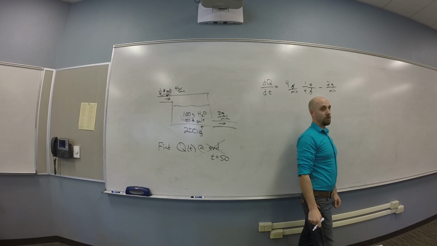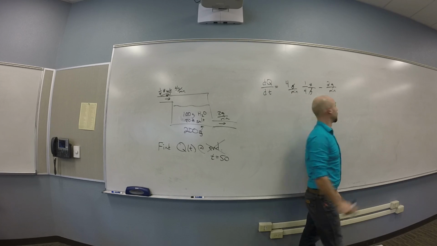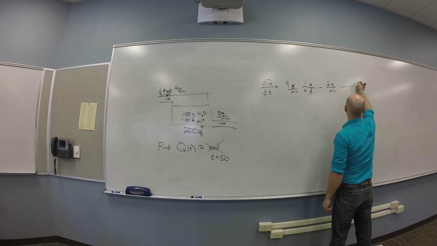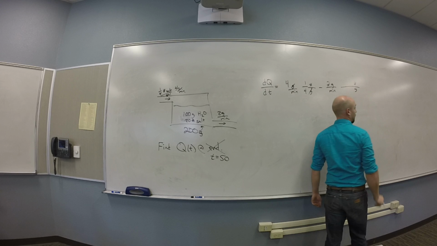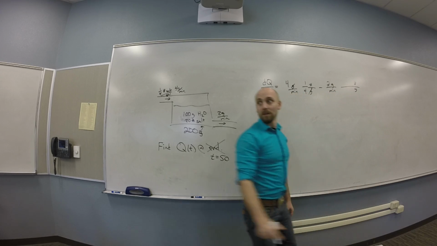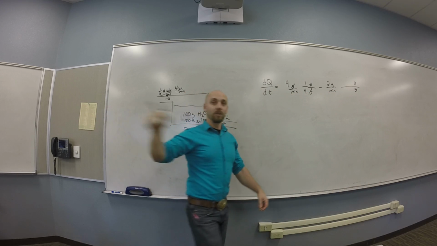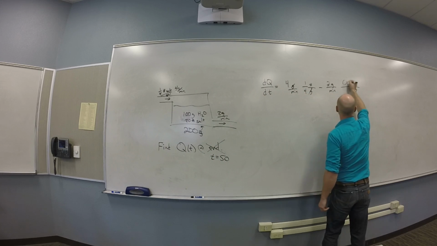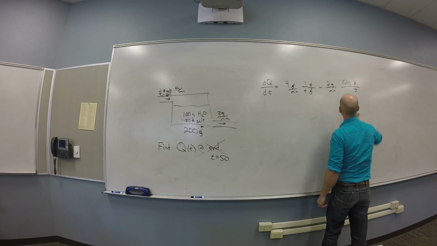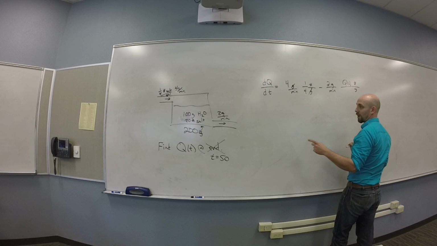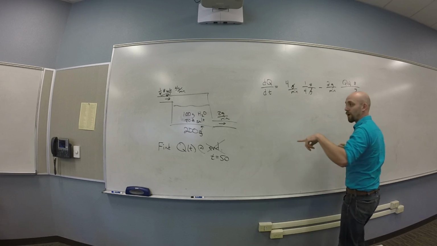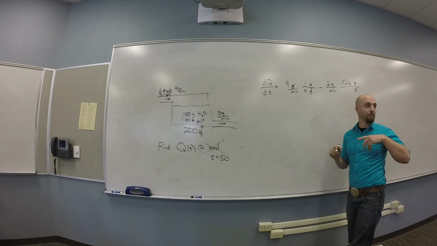We need pounds per gallon, so whatever goes here better be in pounds per gallon. Q is the total amount of salt, so we need Q of t divided by the amount of mix in the tank.